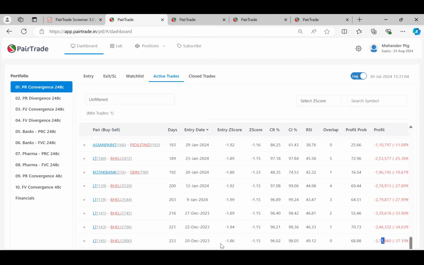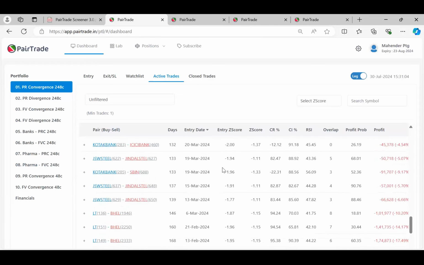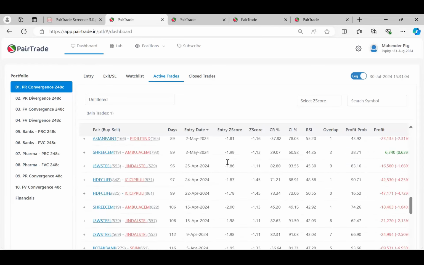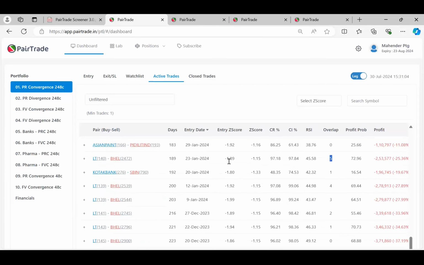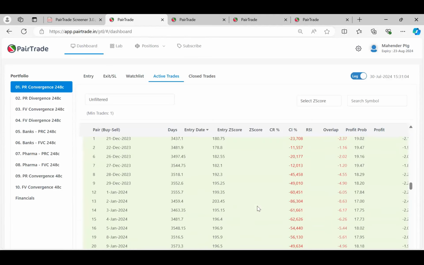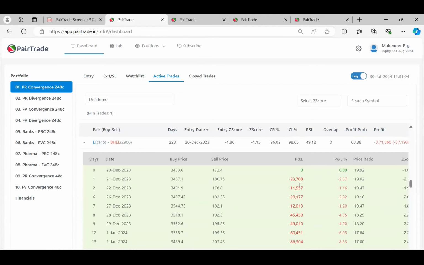The same thing here: 0 overlap, 1, 2, 3, 4 overlaps, and here the 5th overlap is there. That's why we put 60 days or something, so that we won't see this kind of losses.